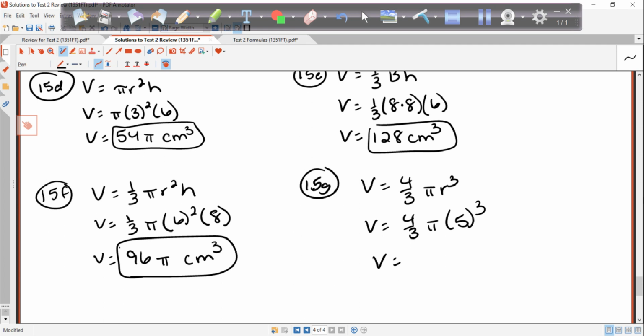For 4/3 times 5 cubed, we're going to look at the directions for where to round. We put meters cubed for the measurements. If it says to multiply pi in, leave your number how it was after 4/3 times 5 cubed and just put times pi or times 3.14 depending on your directions.